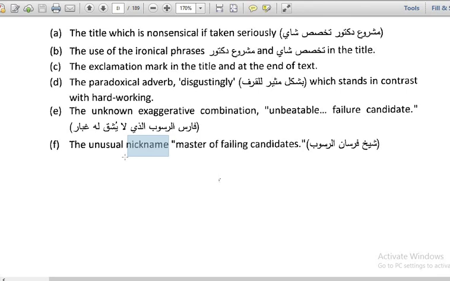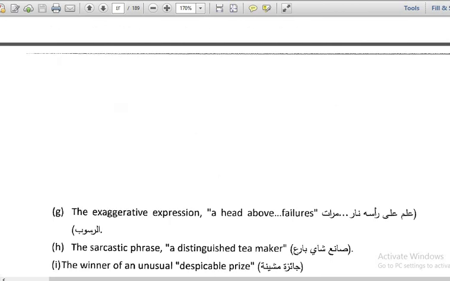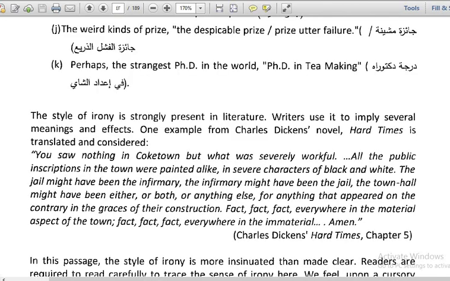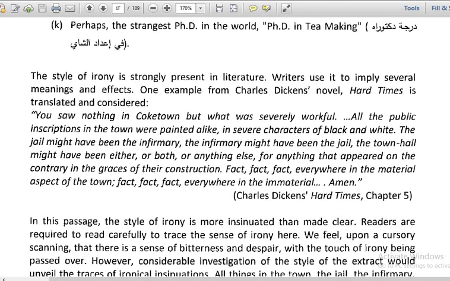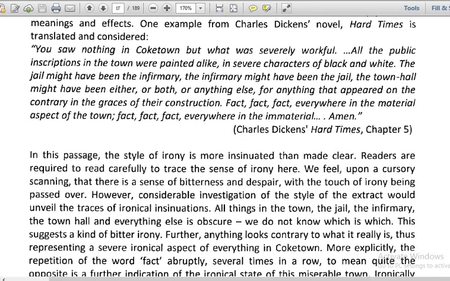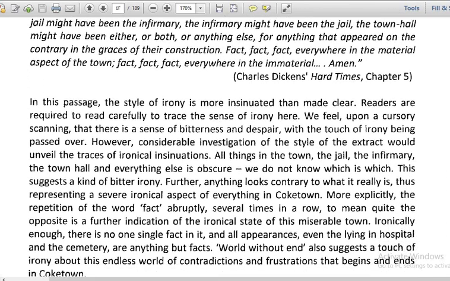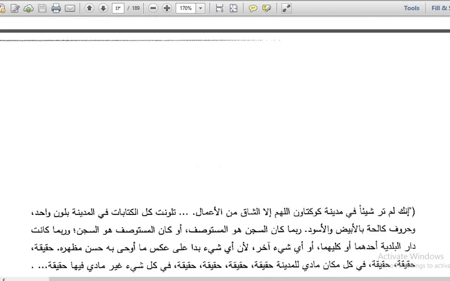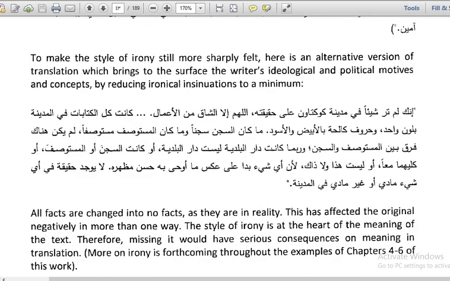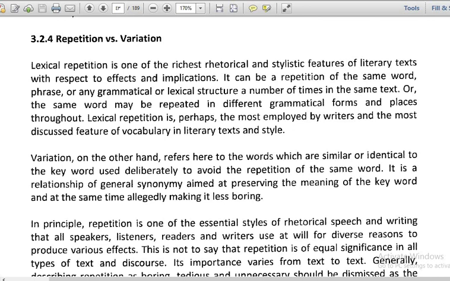All these figures make the text even more ironical. Okay? We have another text in page 42 from Charles Dickens' Hard Times, and we have suggestions of translation.